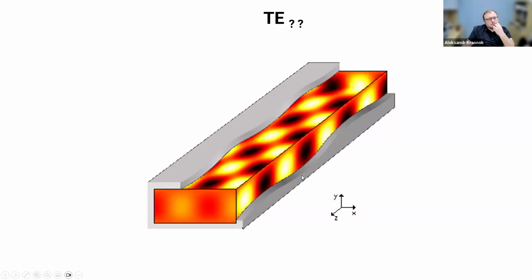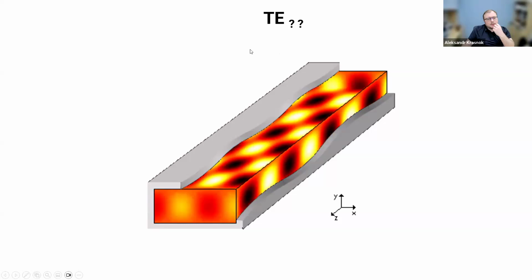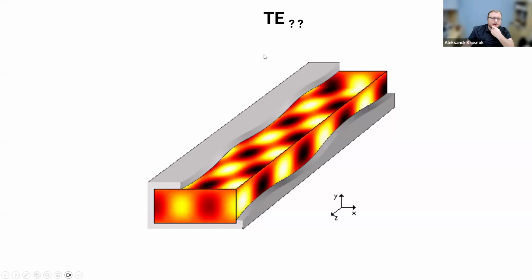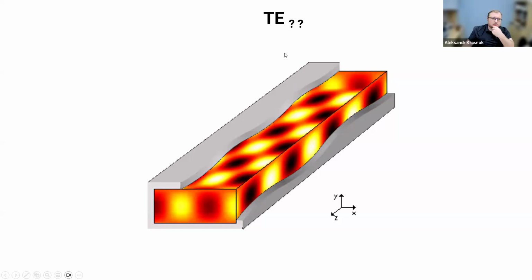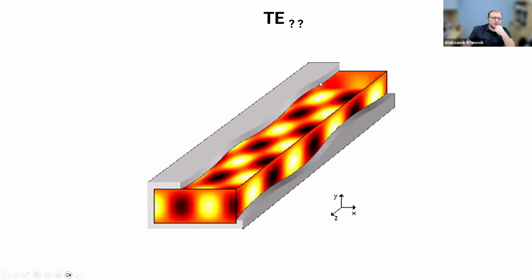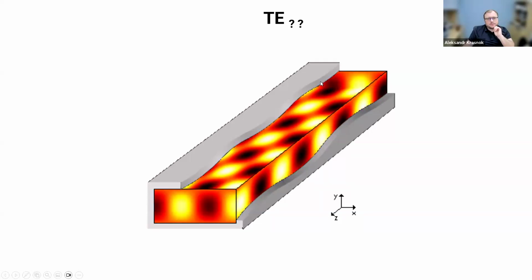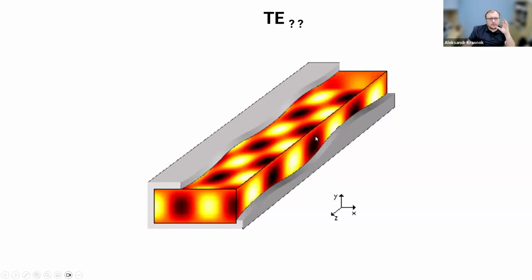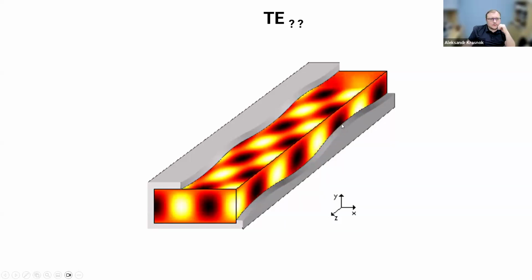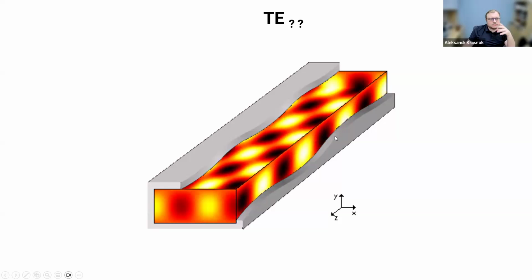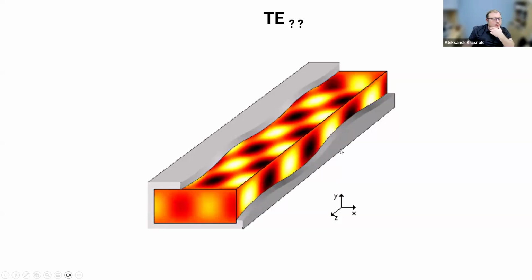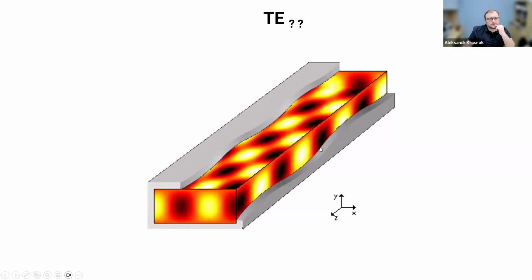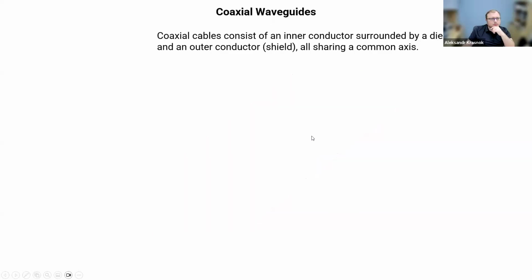In practice, these high order waveguiding modes are never used. They have some dispersion and so on, so it's preferable to use low order modes. TE10, for example, is the most used type of mode in practice.